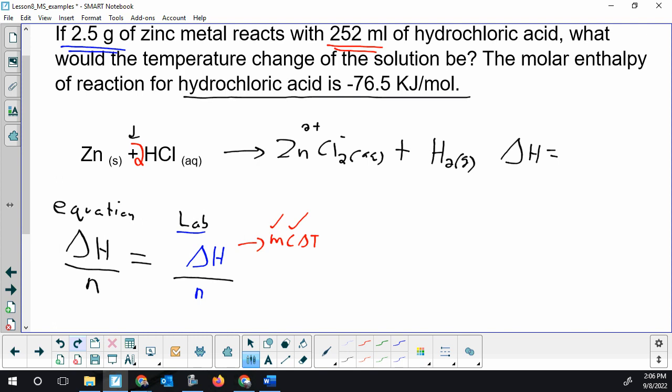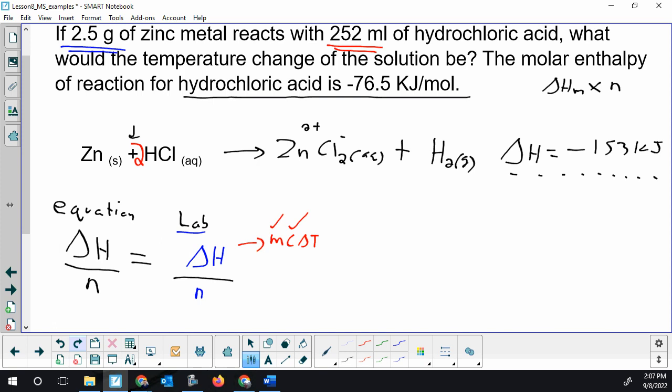The second mole will release another 76.5. So the enthalpy change here is coming from the molar enthalpy, which we know, times the 2 moles in our equation. We're doing all of this work in a multi-step problem, and all we've done is set up that black ratio. But we have the pieces we need. There's our delta H.